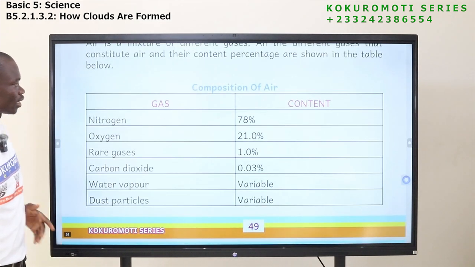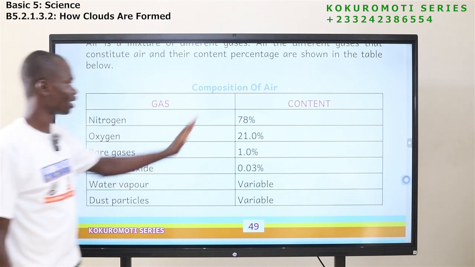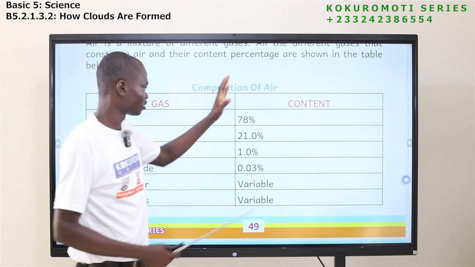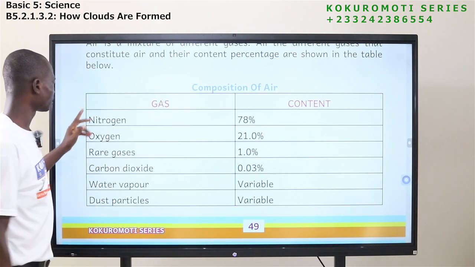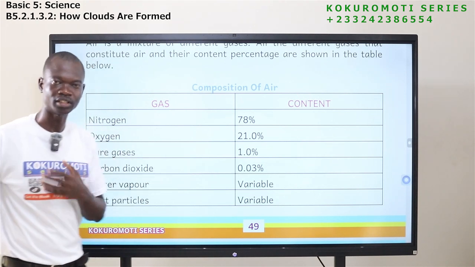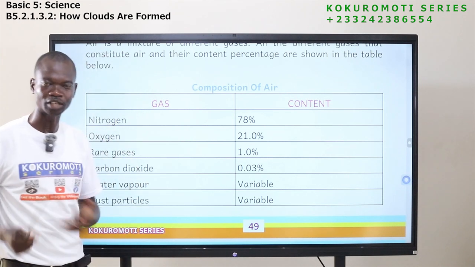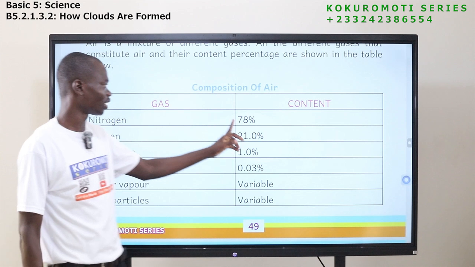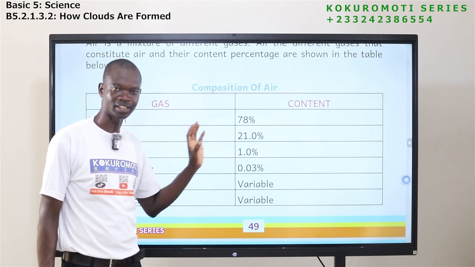Now let's look at the composition of air. All these are gases, and this is how much of them are in air in terms of percentage. Nitrogen: we have 78% of nitrogen in the air.